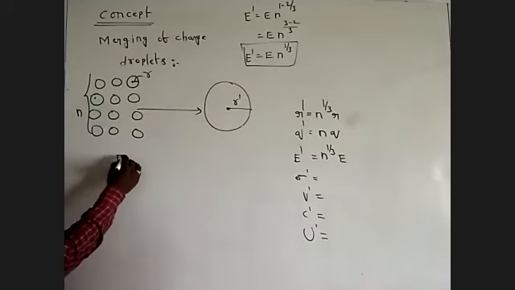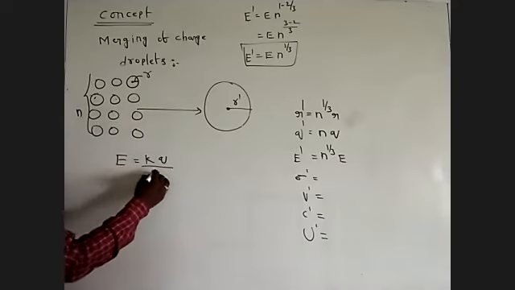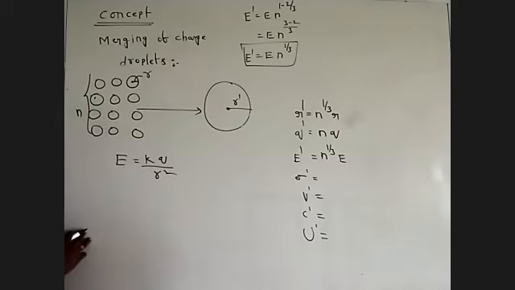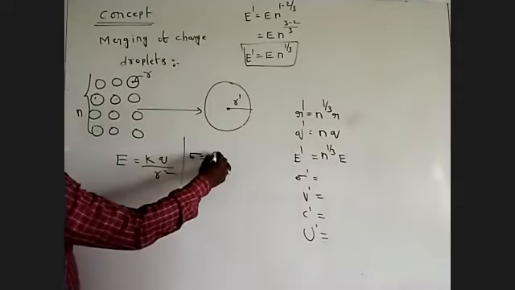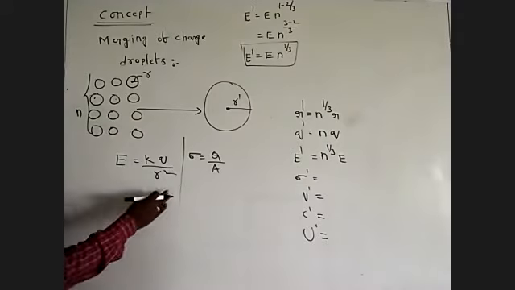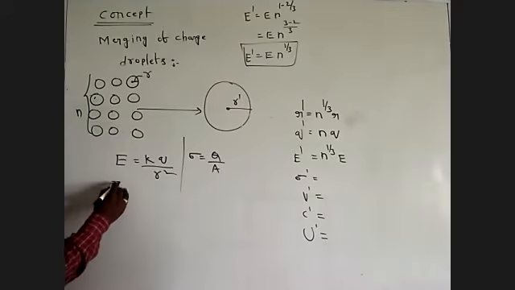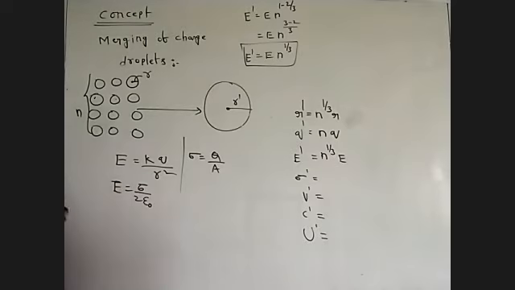We know very well E is equal to K Q by R square. So here the surface charge density is equal to Q by A. We know the relation E is equal to sigma by 2 epsilon.